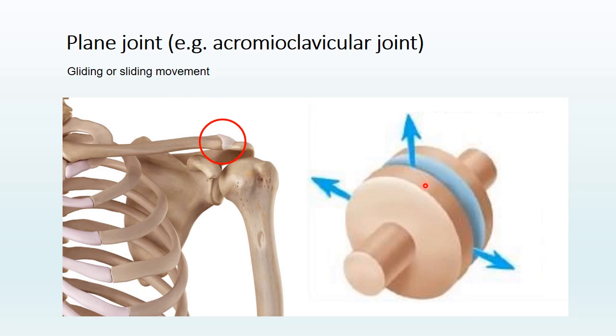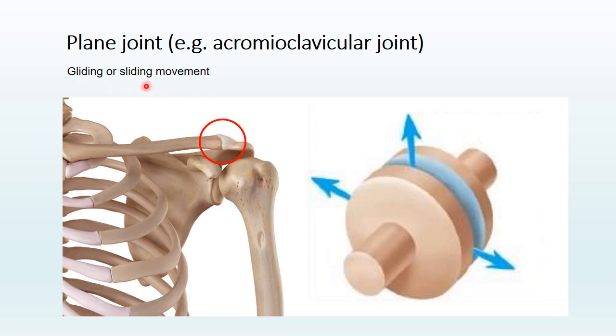First type is called plane joints. Plane means flat, because the two articulating surfaces are flat. Example of that is the acromioclavicular joint. It's a joint between the clavicle, collarbone, and a part of the scapula, the shoulder blade, which we call acromion. So it's acromioclavicular.